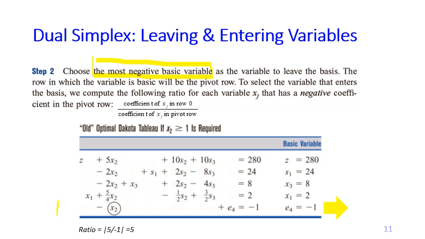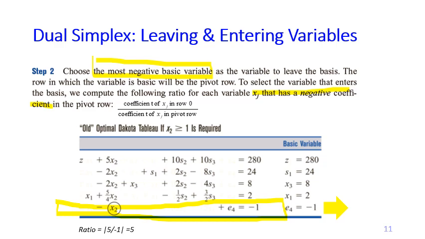You look at the row where you have the leaving variable, and then you perform the ratio test for all variables that have a negative coefficient. Here in this row, x2 has a negative coefficient, and it is the only one. So you perform the ratio test for x2.